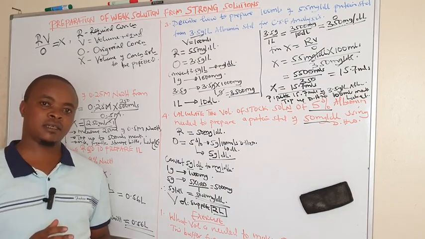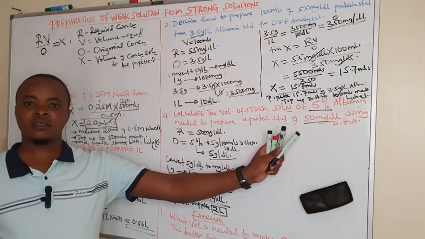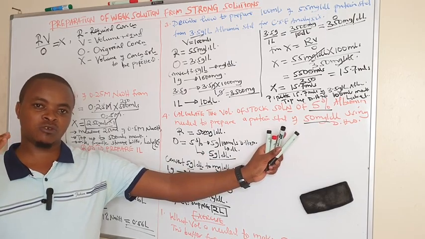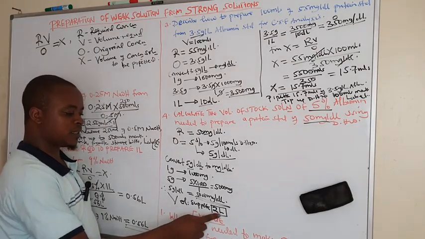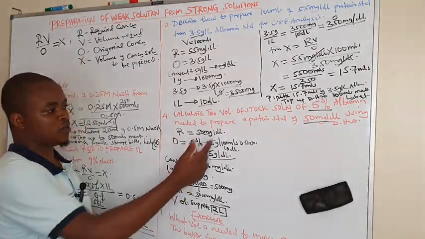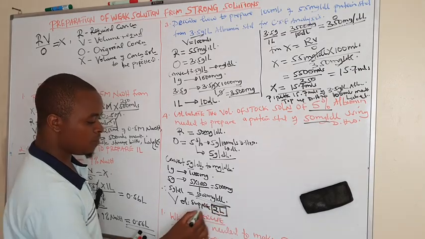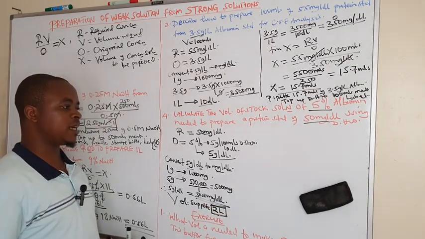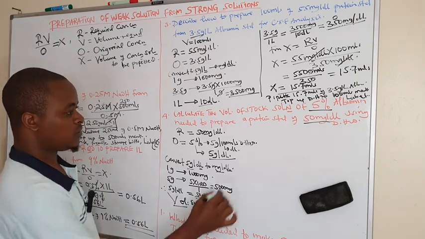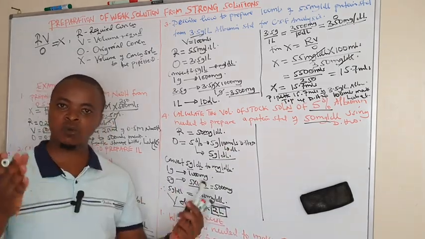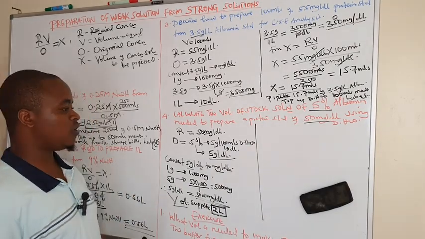So you as a health worker, you decide, since the question is not giving you what they want, so you suggest. For me, according to what I'm preparing, I only need 2 liters according to my workload in the lab. So suppose the volume is 2 liters. Even you can suppose 1 liter, you can suppose 500 mils, depending on what your lab can accommodate or your pharmacy.